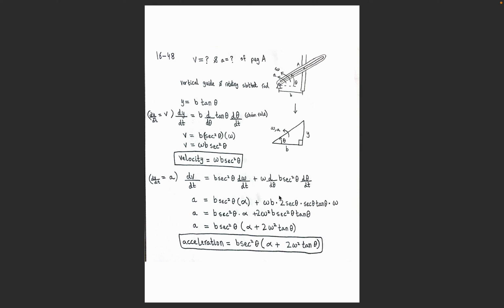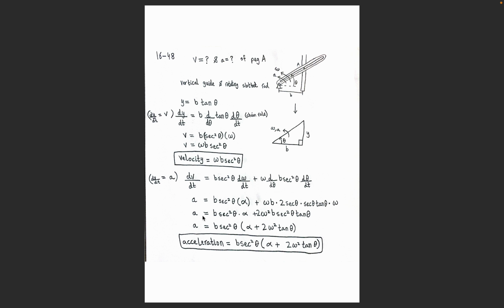Differentiating secant squared theta gives 2 secant theta, because the 2 comes in front and the power becomes 1, and then we multiply by secant theta tan theta, which is the differentiation of secant theta, and then by omega because d theta over dt is omega.